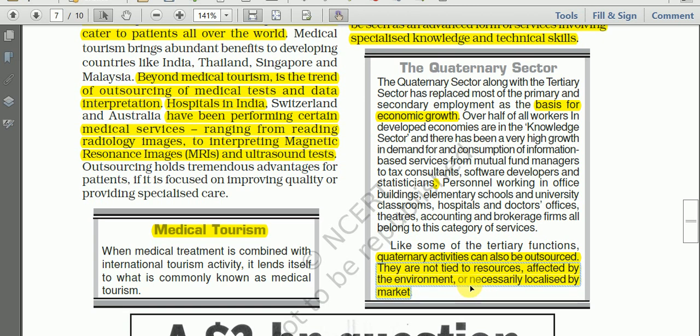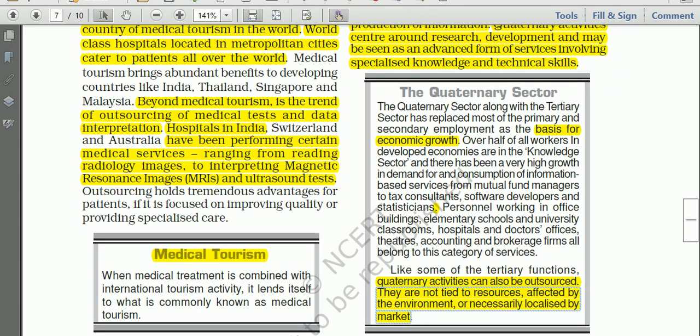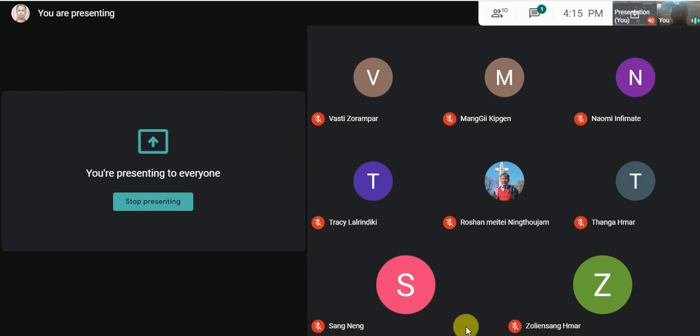For example, we have different types of resources: forest resources, mineral resources, and quaternary activities are not necessarily related with these resources. They are not affected by the environment or necessarily localized by the market. That is, they are independent of this localization. So these are the three important features or characteristics of quaternary activities.